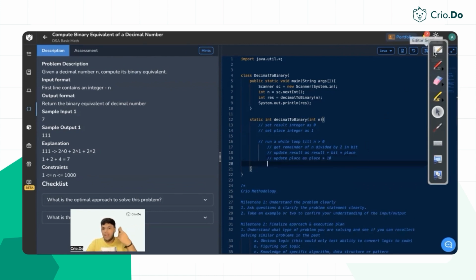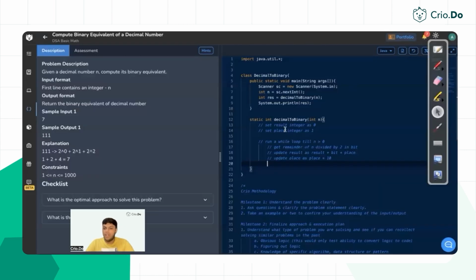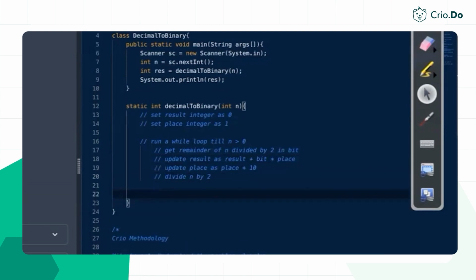But one more thing, if we are making 52 by 2, next time we should not again make 52 by 2 division. We should make 26 by 2, 13 by 2, 6 by 2. So we have to divide n actually. Before dividing n, we were getting the remainder, but now we should actually divide by 2. This is the updation. Every time we will update the n value. Finally, whatever the resultant will be, we will return that resultant after the loop.